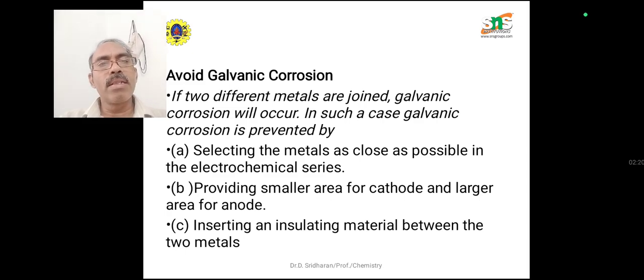In such a case, galvanic corrosion is prevented by selecting metals as close as possible in the electrochemical series and providing a smaller area for the cathode and a larger area for the anode. Another method is inserting an insulating material between the two metals.